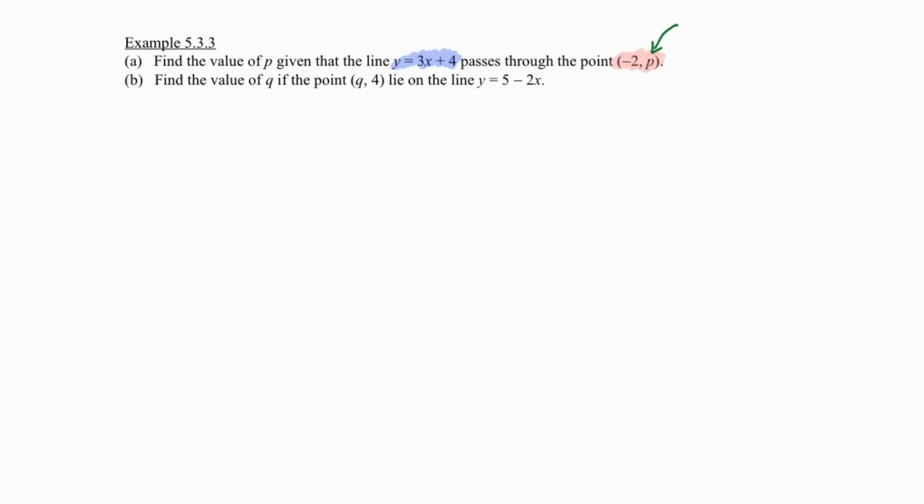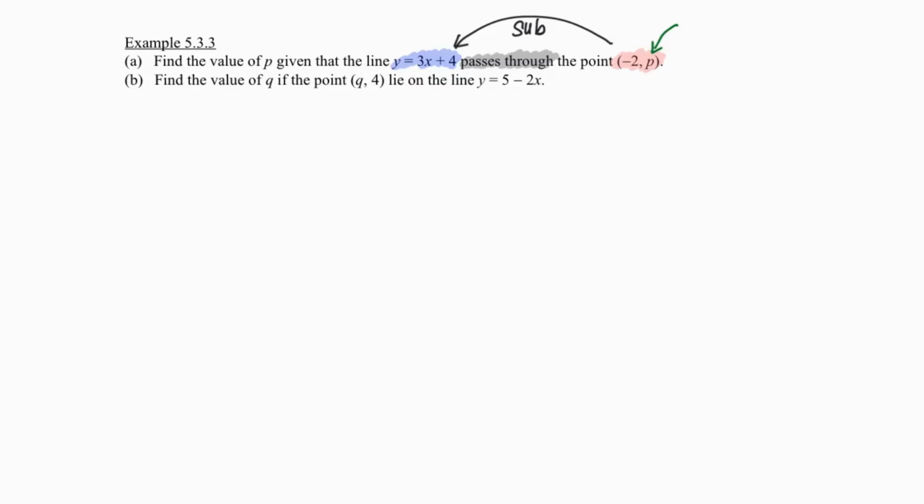And very importantly, this is the keyword: passes through this point. It means that I am going to substitute in. This point is on this line. That means it will satisfy this equation.